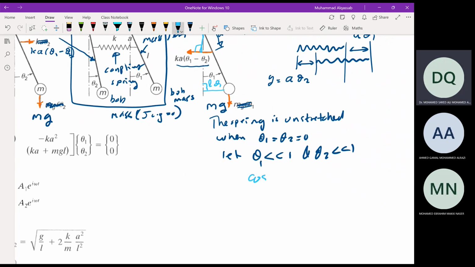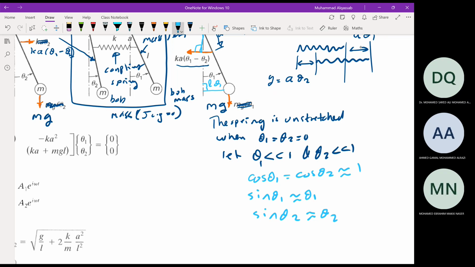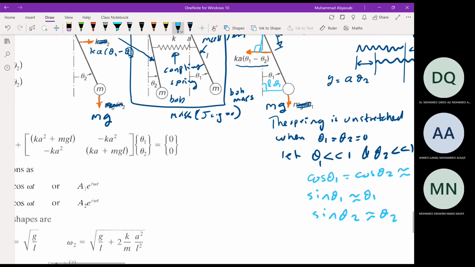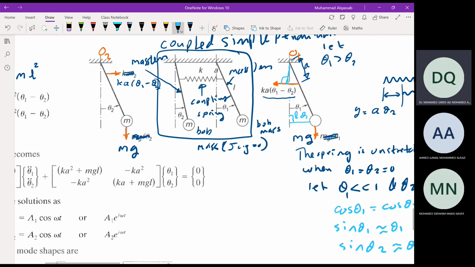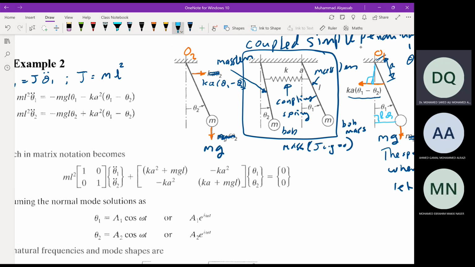So we have cosine theta 1 equal to cosine theta 2 equal to 1. This is the assumption for oscillation. And sine theta 1 is theta 1, and sine theta 2 is theta 2. So the distance will be A; Ka theta 1 minus theta 2 times A. We will get Ka squared theta 1 minus theta 2.